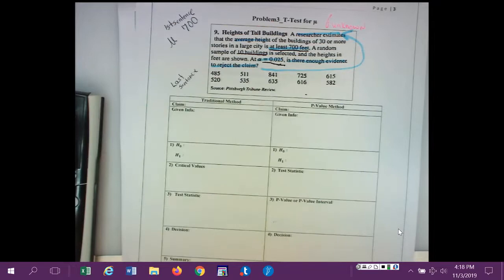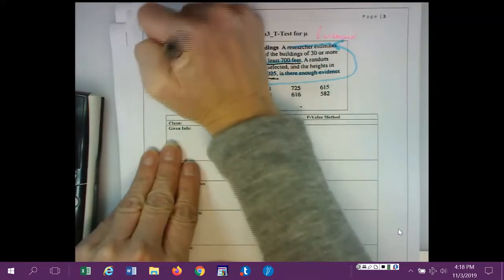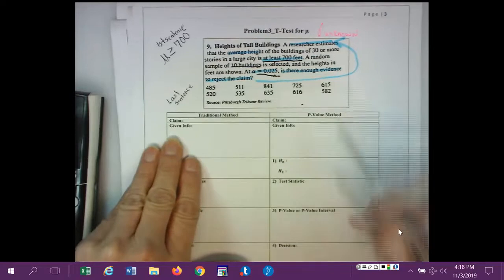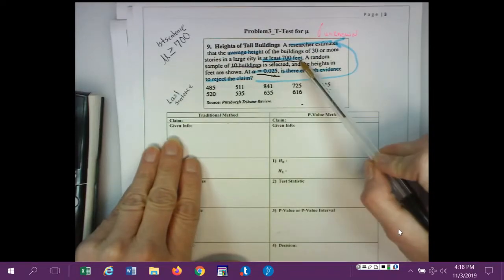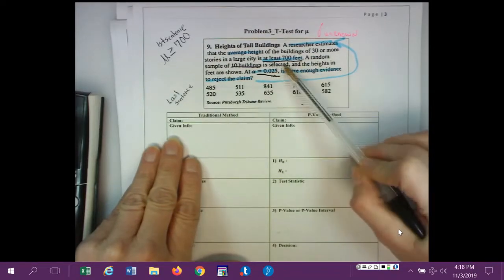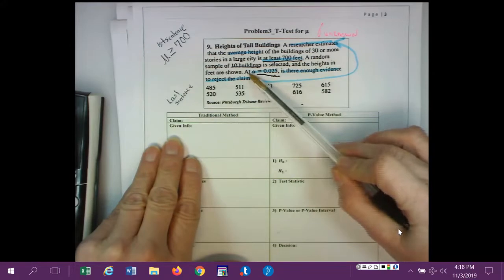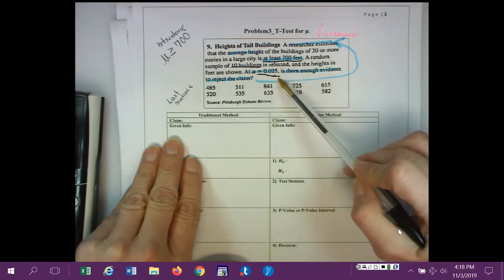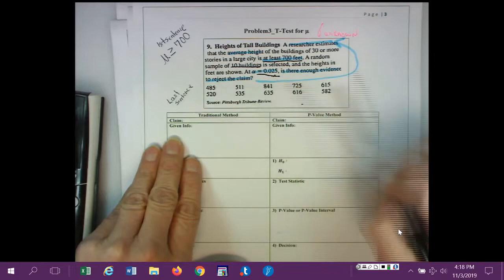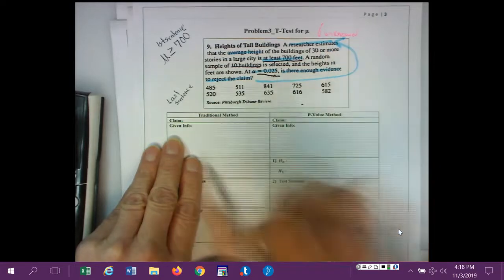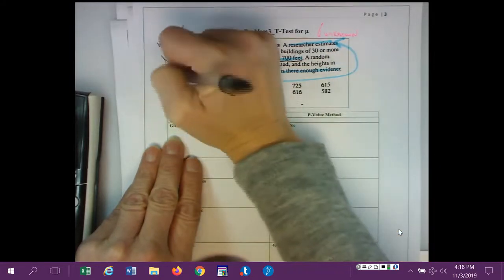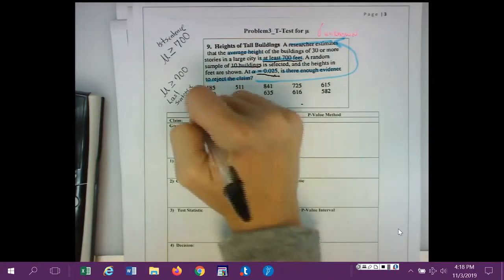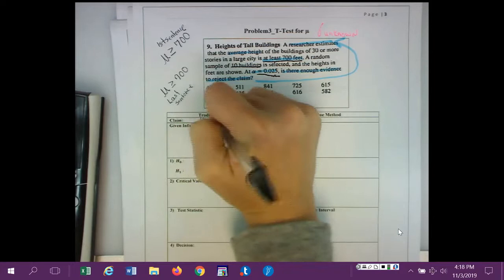So I'm going to say, okay, the last sentence says that after this researcher estimates this, that it's at least 700, a random sample of 10 buildings is selected and the heights in feet are shown. At alpha equals 0.025, is there enough evidence to reject the claim which is made by the researcher? So mu is greater than or equal to 700 is the claim. That's what we're going to test. First sentence and the question itself agree.